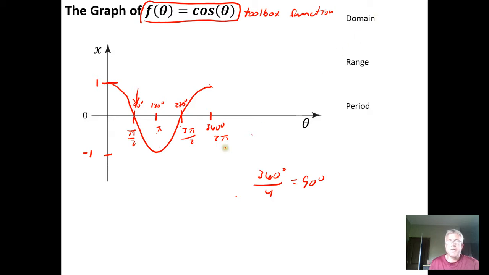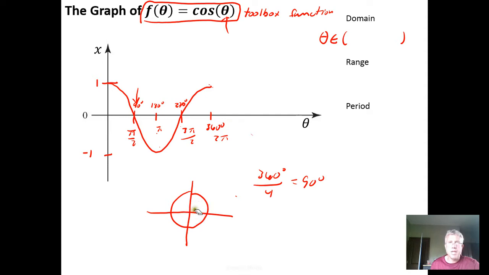So the domain of the cosine function, remember, domain is possible inputs, so the inputs are theta. So when we're asking for domain, we're saying, what can theta be? Well, it turns out that theta is just you're rotating around the unit circle. Well, how many times? And remember, counterclockwise rotations are positive. How many times can you rotate counterclockwise?